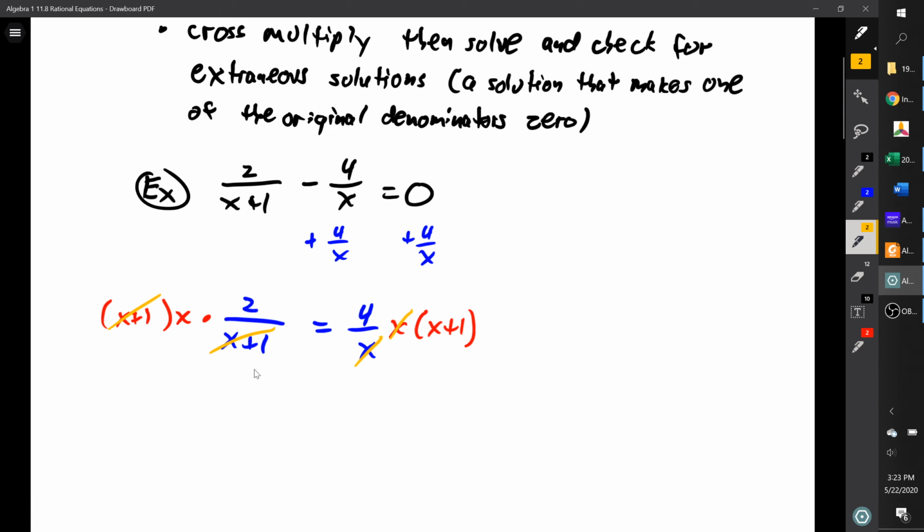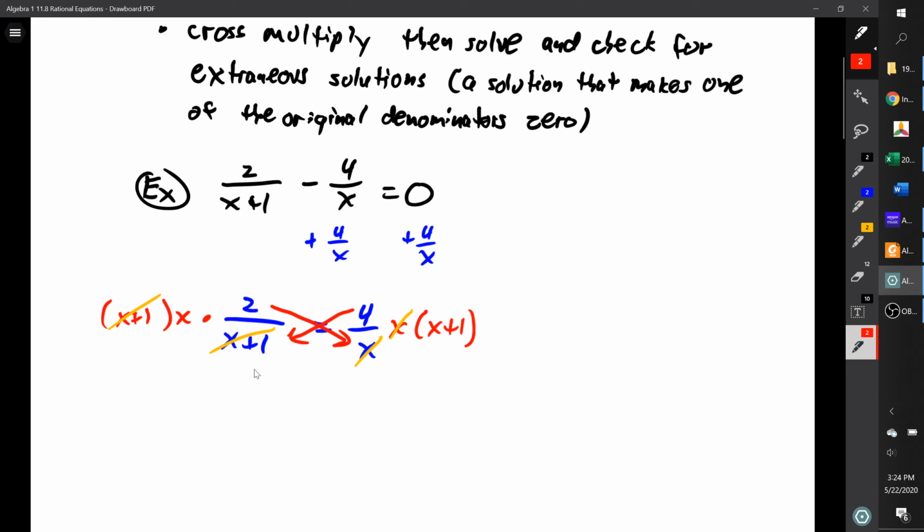So what am I left with? I'm left with the numerator on the left times x, which was the original denominator on the right. And I'm also left with the numerator on the right, 4, times the original denominator on the left. So the cross multiply is to say we'll do 2 times x equals 4 times x plus 1.